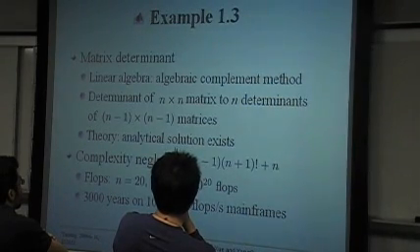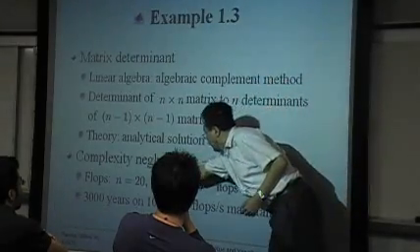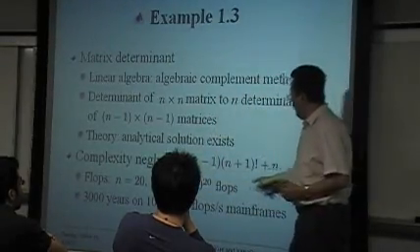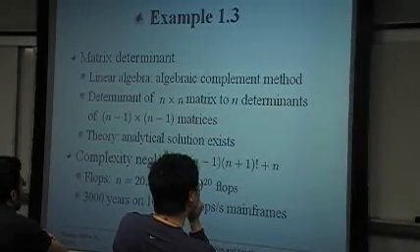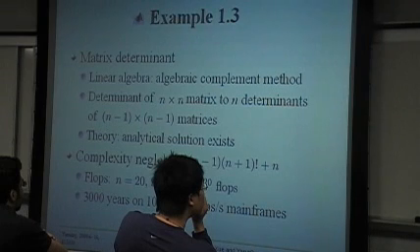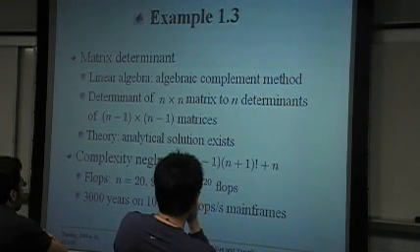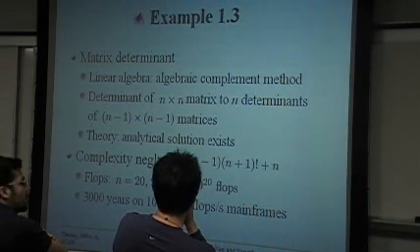So if n is 20, then if you calculate this, you will find a value like this. If you are using a 10 billion blocks per second mainframe computer, it may take you 3,000 years to find the result. So it is not possible to use it.